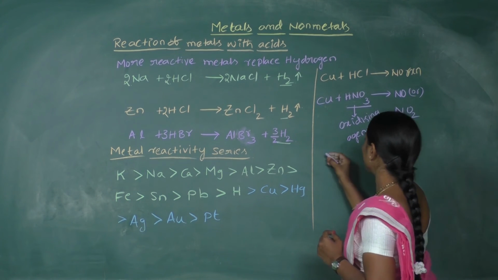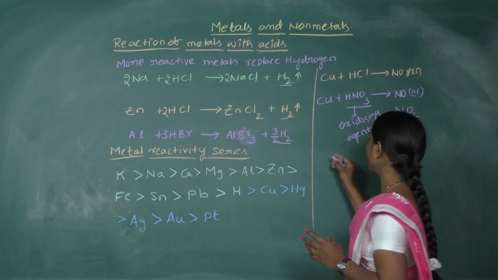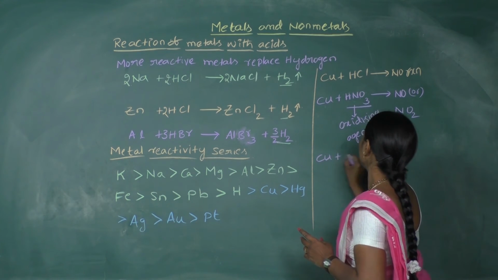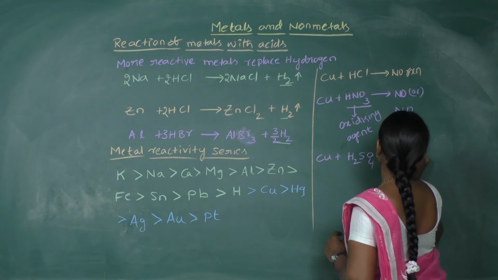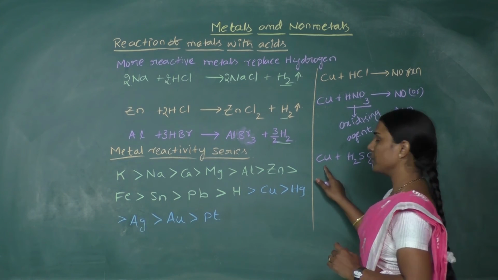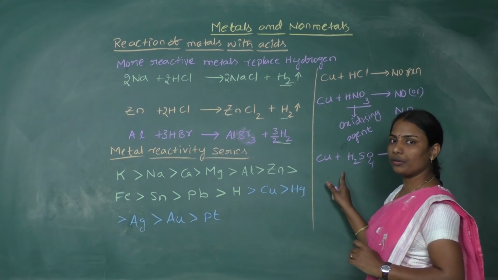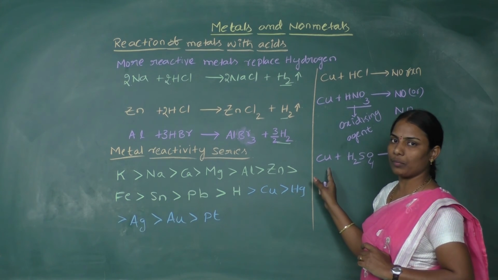Right? And similarly, if we take copper with H2SO4, here again, no reaction. Why? Because copper is less reactive than hydrogen, hence it cannot replace the hydrogen from its compounds.